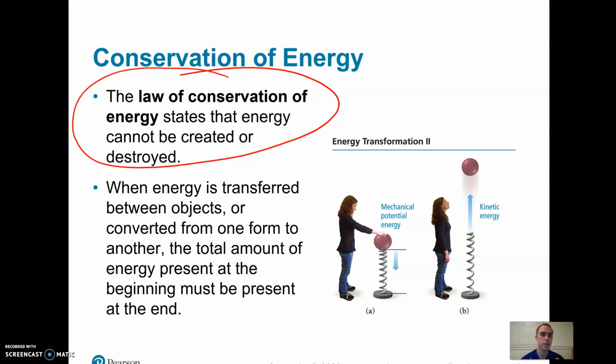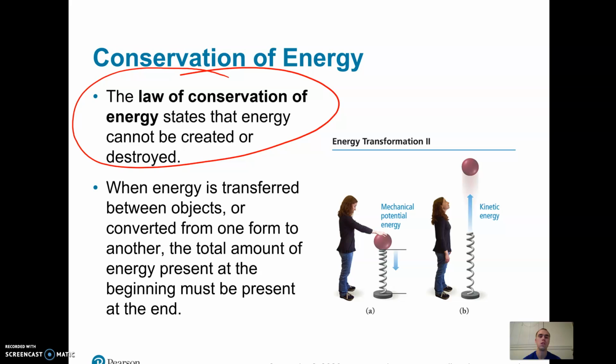You can simply transfer it between the system and the surroundings, from one object to another, from one area to another, from one kind of energy to another kind of energy. Maybe that's light to heat, or motion to sound, or things like that. Okay, so you cannot create or destroy energy.